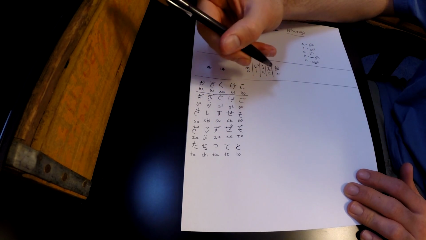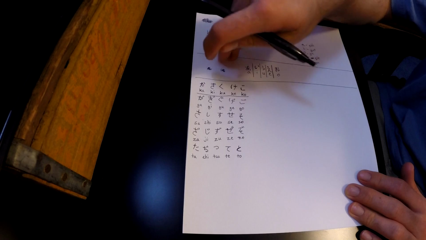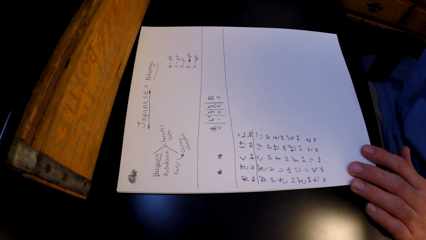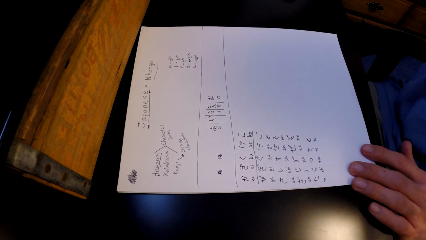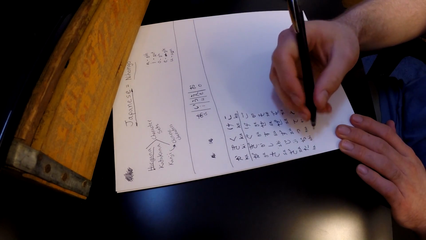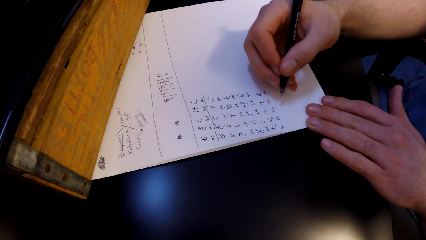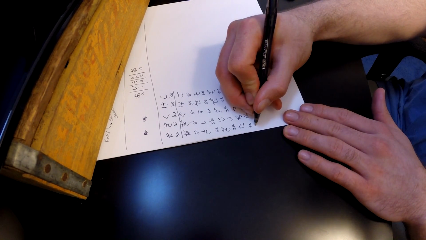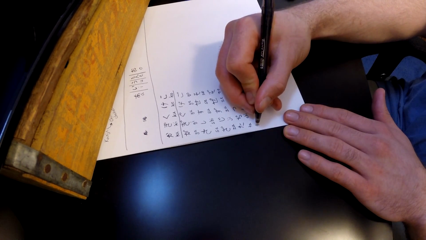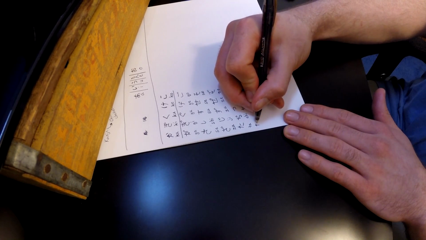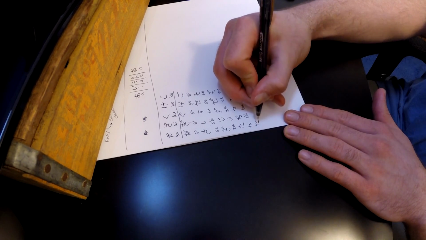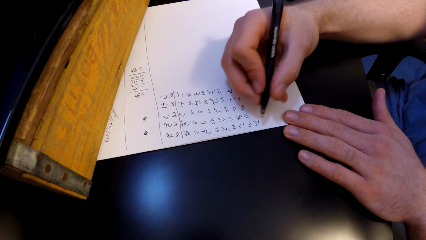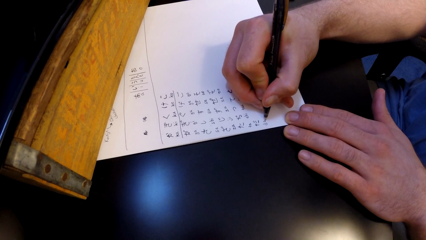Da, chi, tsu, de, do. And it looks like we are going to be continuing the same kind of pattern that we started out doing. This da.